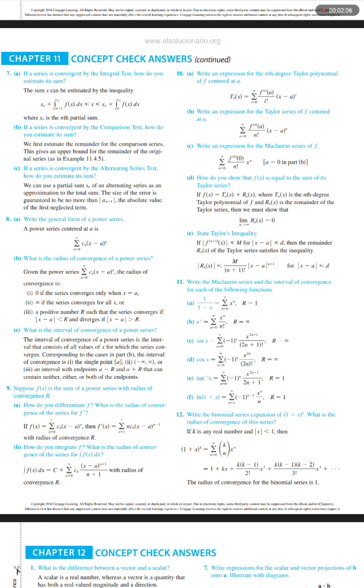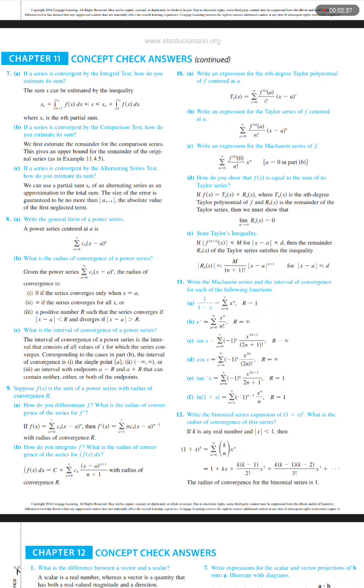What is the radius of convergence of a power series? Given the power series, the sum from n equals 0 to infinity of c sub n (x minus a) to the power n, the radius of convergence is number 1, 0 if the series converges only when x equals a.